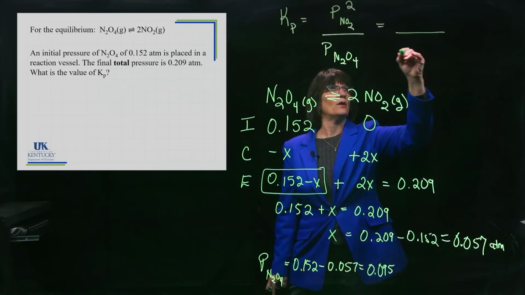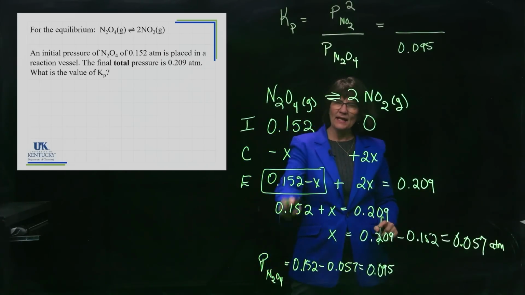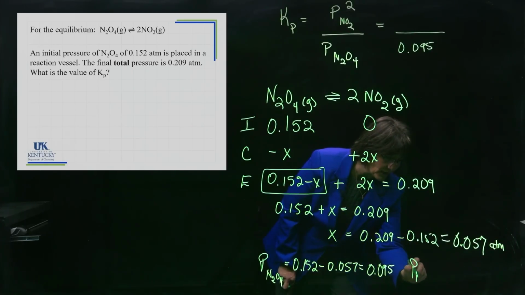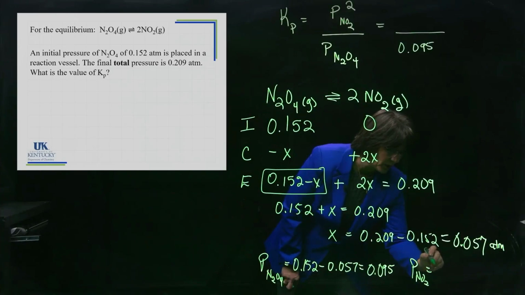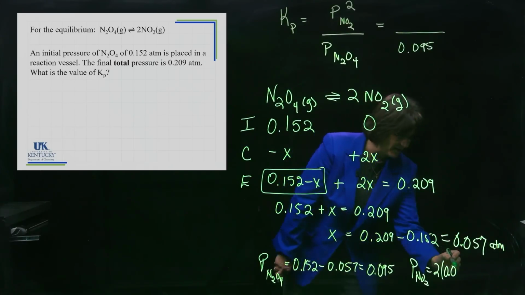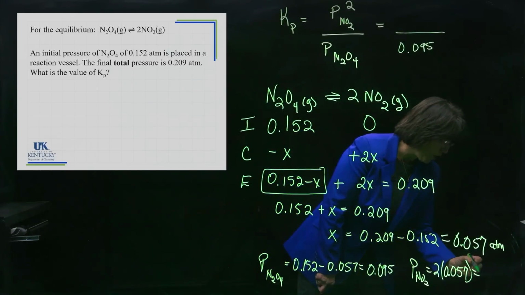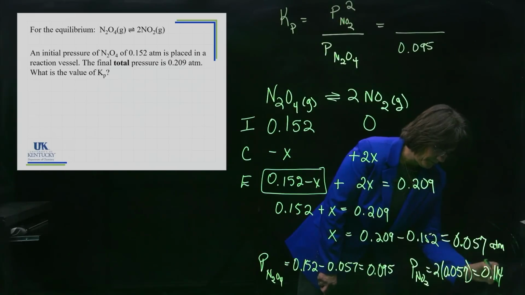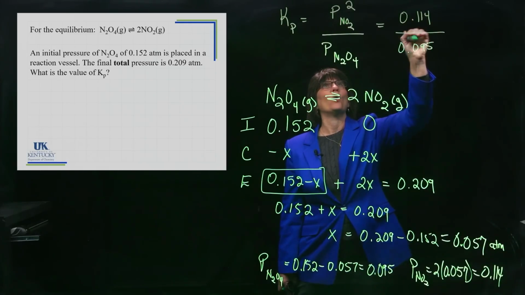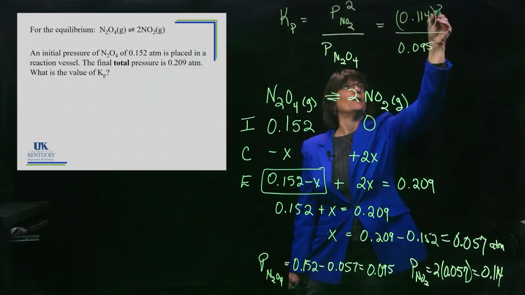Because I need to know it up here, so I can put it in this expression. And then I need to know the pressure of NO2, and that is 2x. So the pressure of NO2 at equilibrium is 2 times this 0.057. And that is a value of 0.114. Okay, and I can put that in here, 0.114, the pressure of NO2, and that's squared.